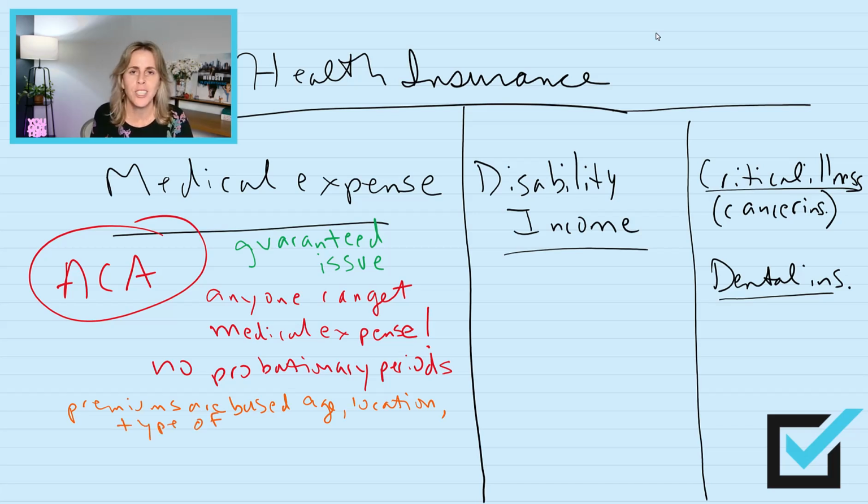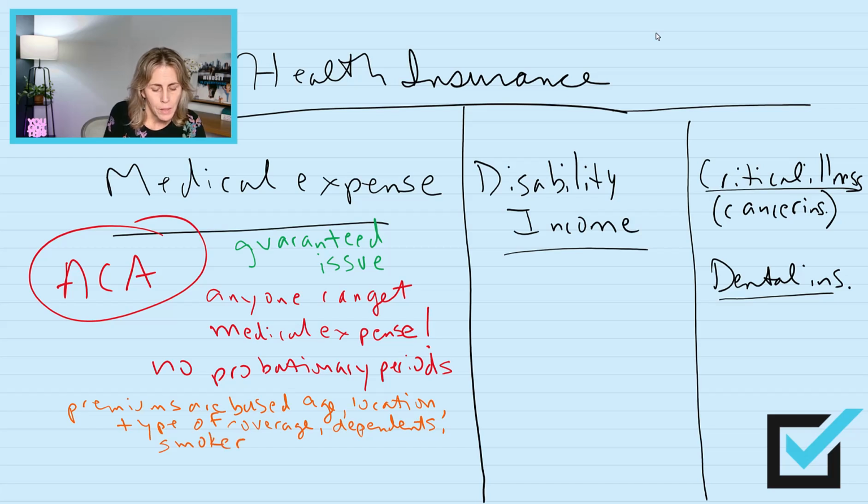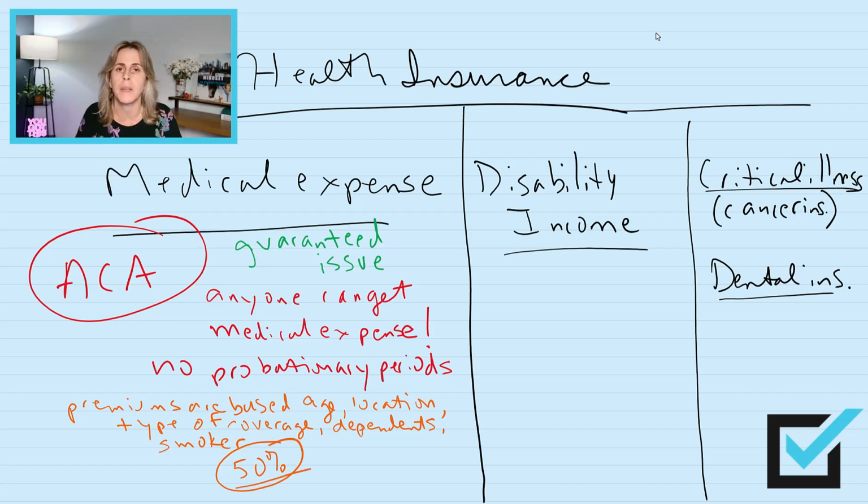So there's HMOs and PPOs and major medical policies that you can choose from. Does it cover any dependents? That will change your premium, of course. Are you a smoker? The smoker surcharge can be up to 50% of the regular premium. However, some states prohibit a smoker surcharge, which is really interesting to me, but okay. Some states say you can't charge a smoker more.